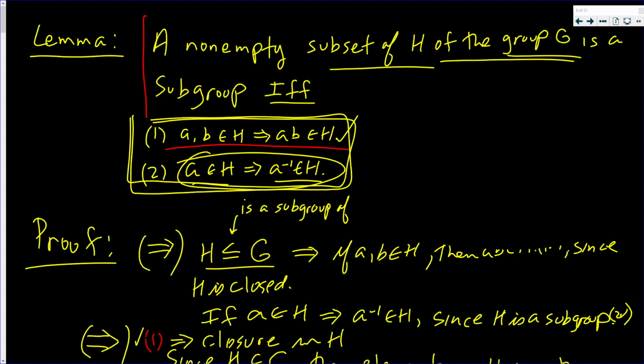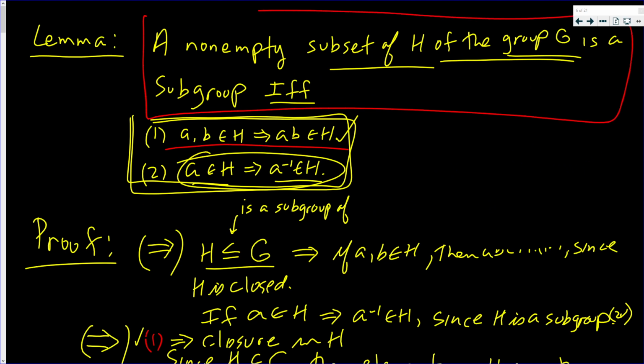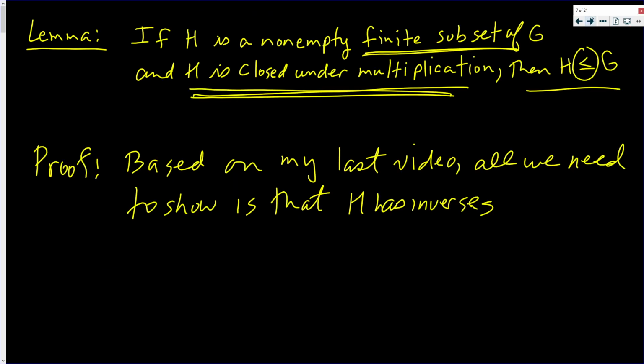It says that a non-empty subset H of the group G is a subgroup if and only if A and B in H implies AB is in H, that's closure, and if for every A in H, A inverse also lives in H. Well, we have the closure. So all we have to do is show the inverses.